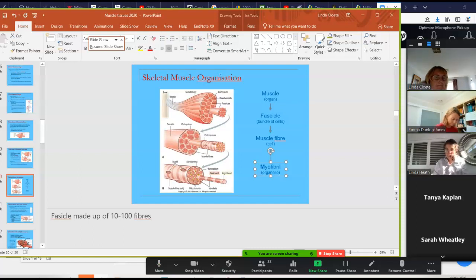No, because it's sarcoplasm. Yes, there is some, but it's not as much as you would have in another cell. Does that make sense? So it's called the sarcoplasm instead of the cytoplasm. Good, and there isn't as much as in other cells.